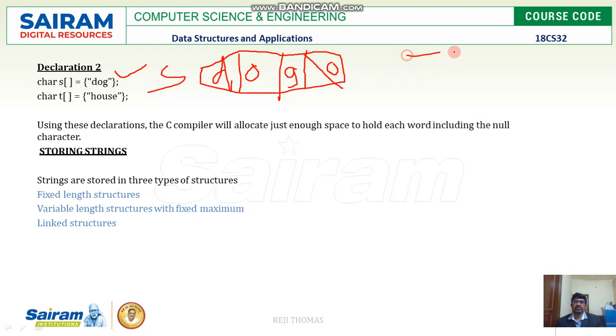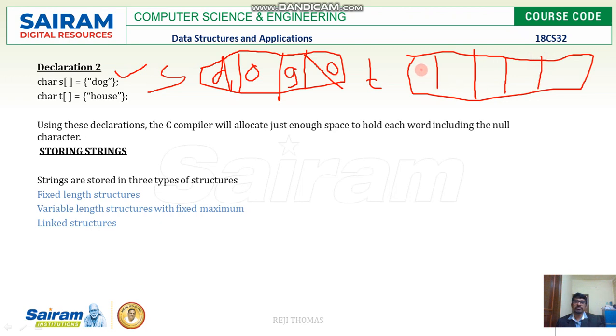Again for the second one, this is going to be H at index value 0, then 1, 2, 3, 4, so this is going to be H, O, U, S, E, and the last is going to be a null character. This is the way we declare a string.